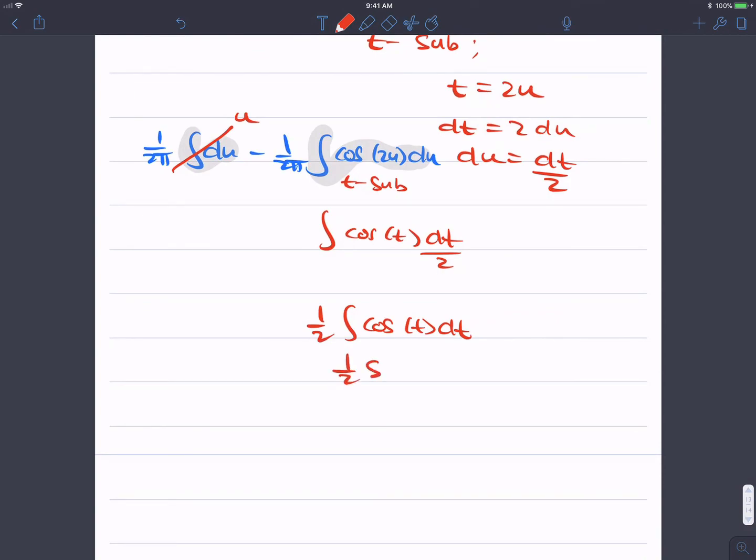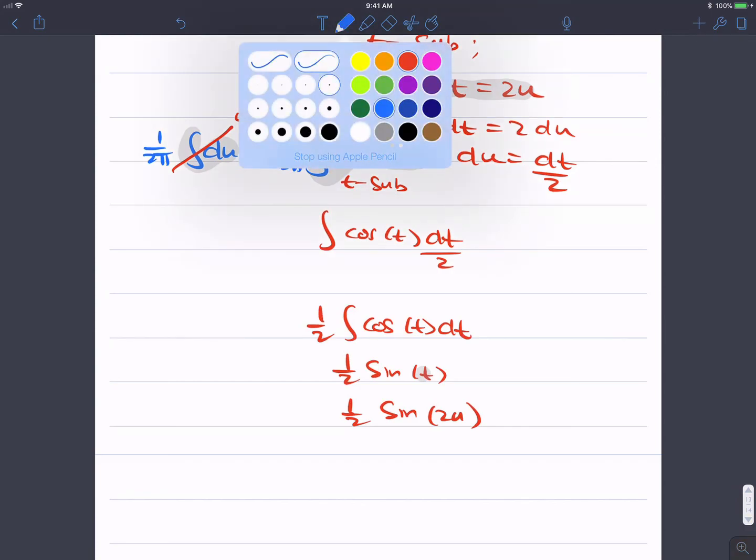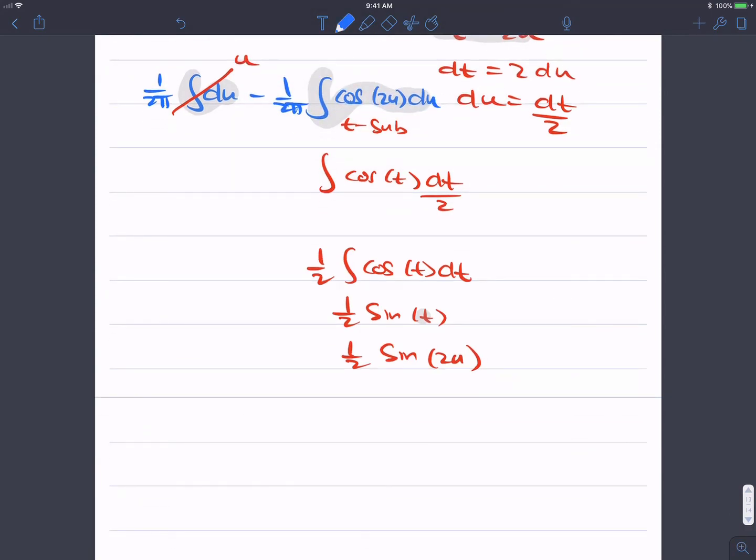That's 1/2 sine t, and t is 2u. Okay. Bring everything down. 1 over 2 pi times u minus 1 over 2 pi times this integral, which was 1/2 sine 2u. Don't forget to add your c.